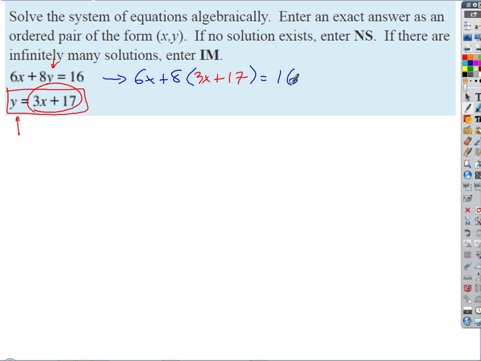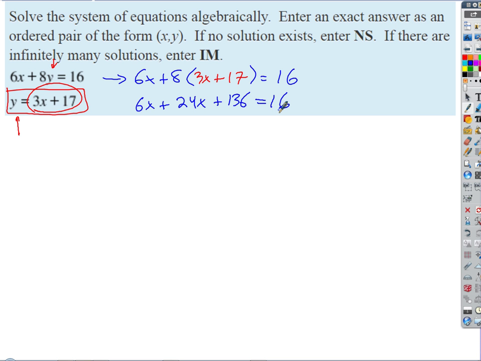What that does for me is it eliminates a variable. Now I've got a single equation with only x's in it. If I distribute the 8, I'm going to get 24x plus 80 plus 56, what is that, 136, equals 16.